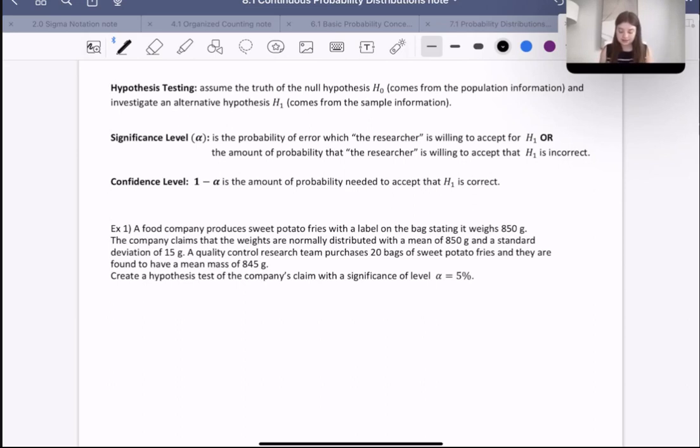Now, the significance level is the probability of error which the researcher is willing to accept for the alternate hypothesis, or the amount of probability the researcher is willing to accept that H1 is incorrect, right? Because reality is we're not going to get exactly the same thing when we do a sample versus the population, but how close would we have to be to be able to assume we're correct, right?